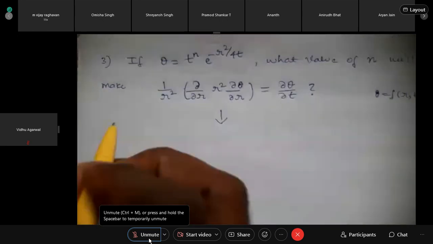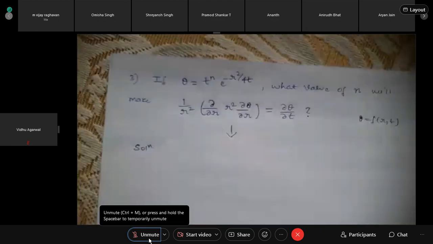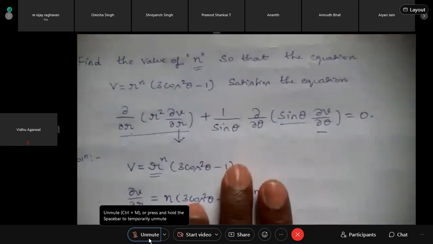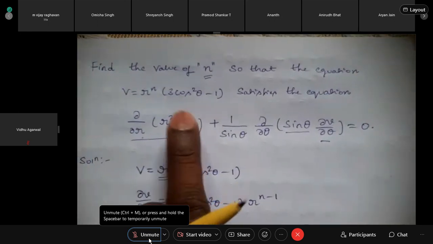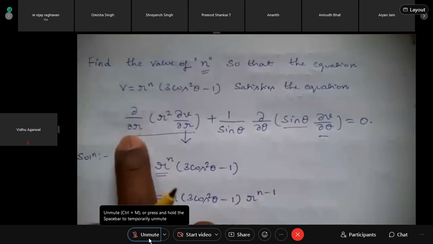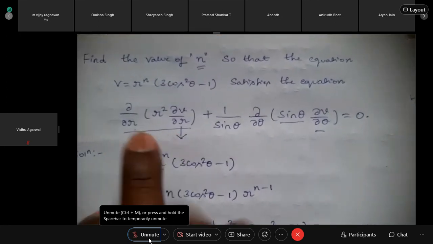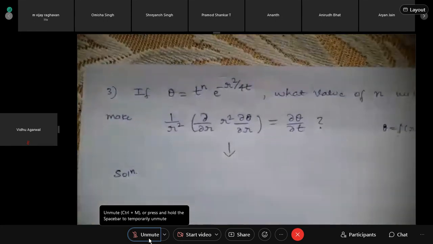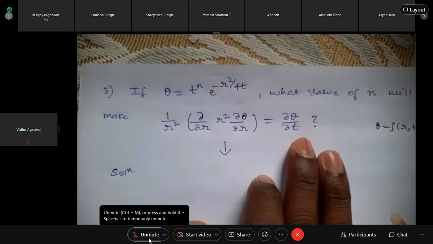I hope you have understood the first question which we solved today. How did I do it? I took the partial derivative first, then multiplied it by r square, then differentiated with respect to r, and multiplied by 1 over r square. Can I follow the same rule here? Yes, sir.